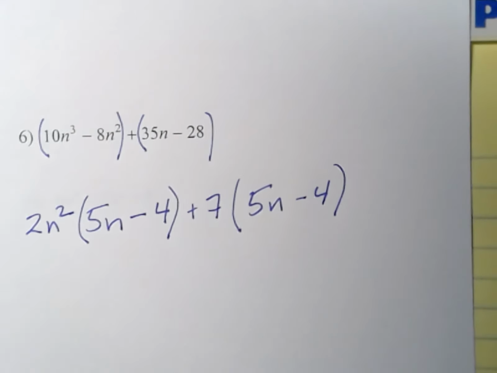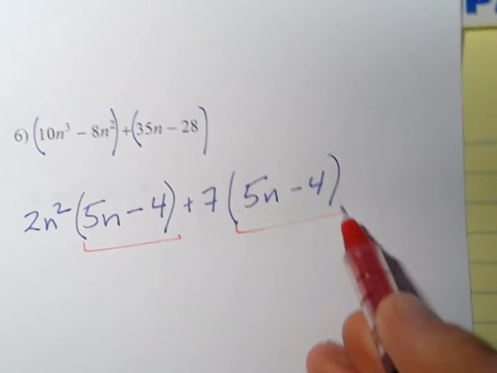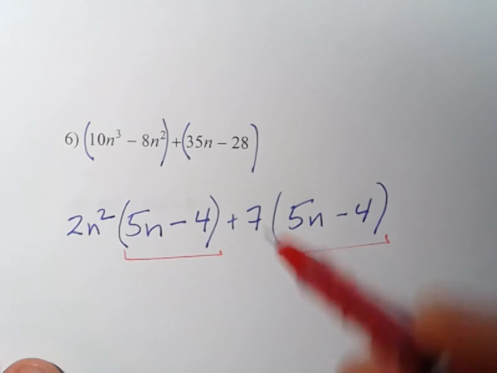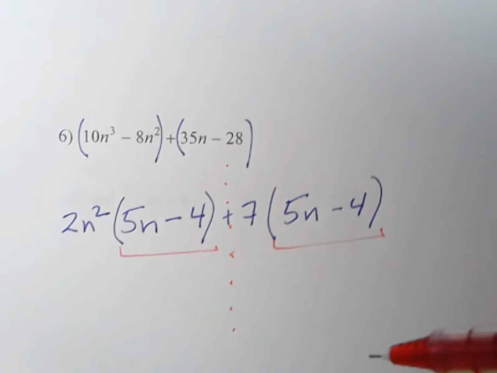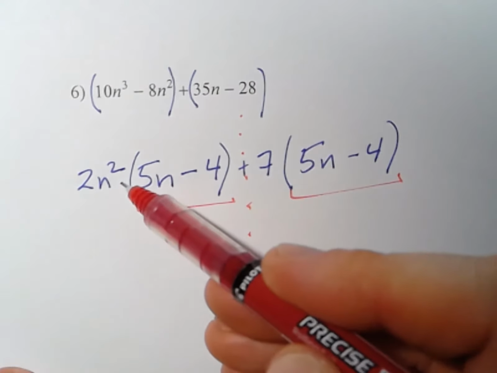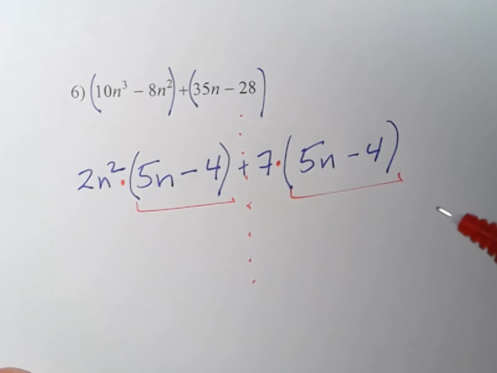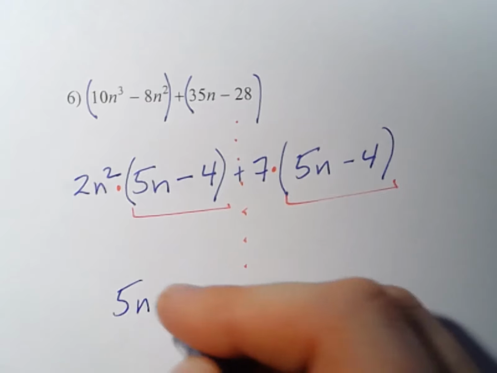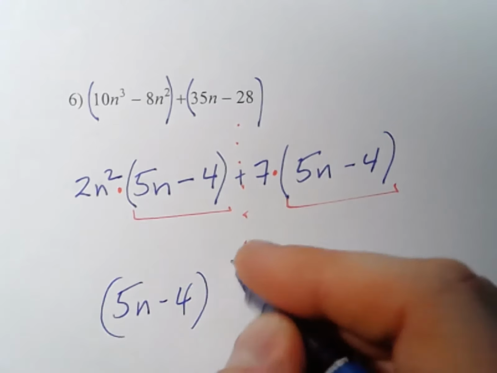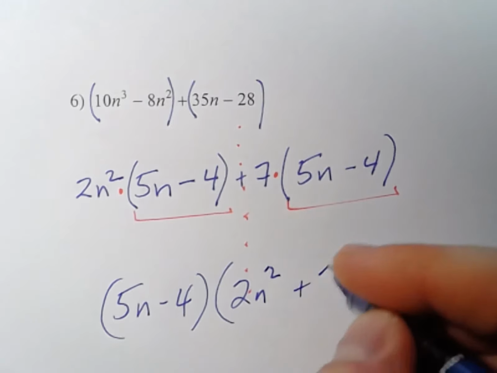Now notice that what I have left over here and here is the same. I want you to think of this as 2 different things: something times 5n minus 4 and something times 5n minus 4. So now I can pull the 5n minus 4 out, and I'm left with 2n squared plus 7.